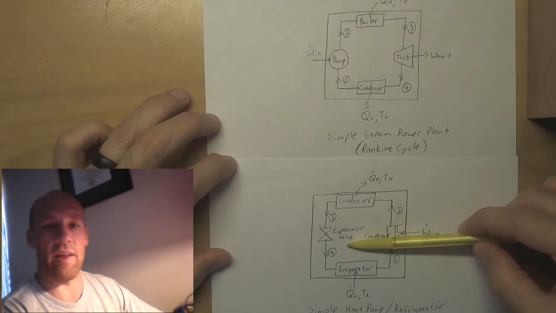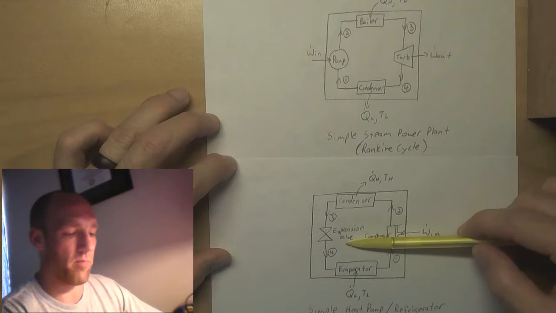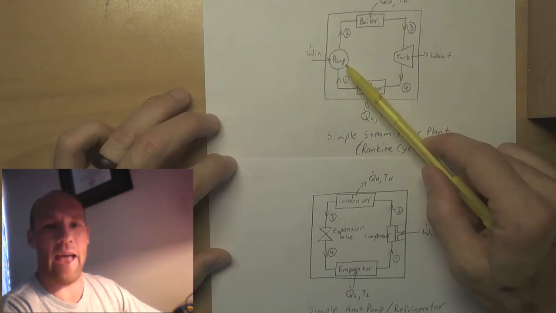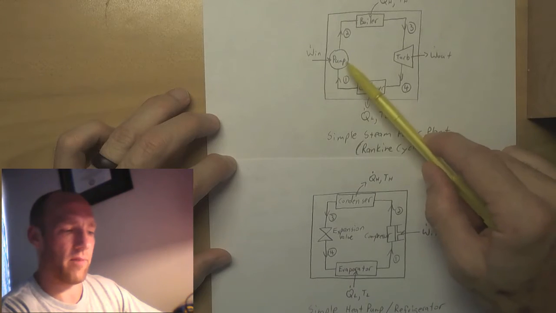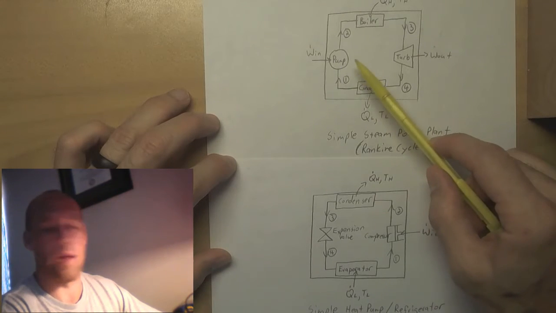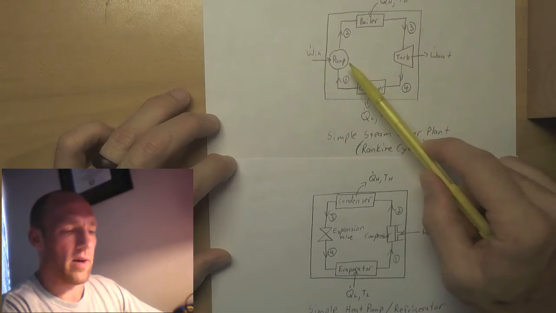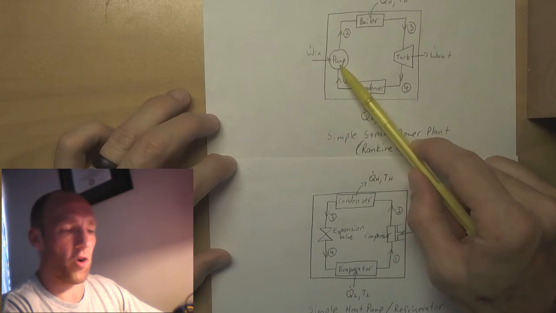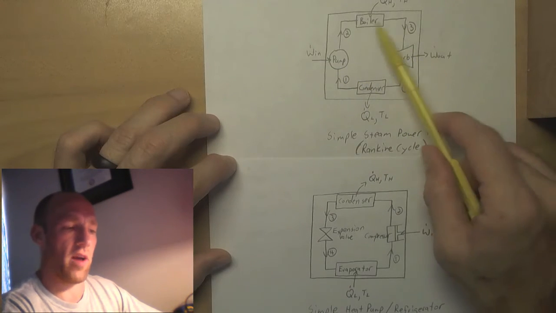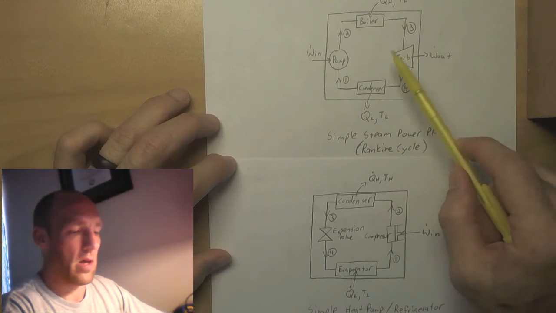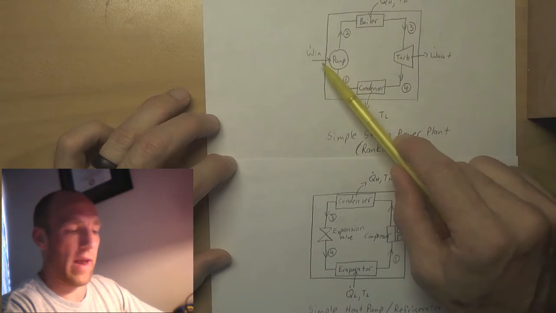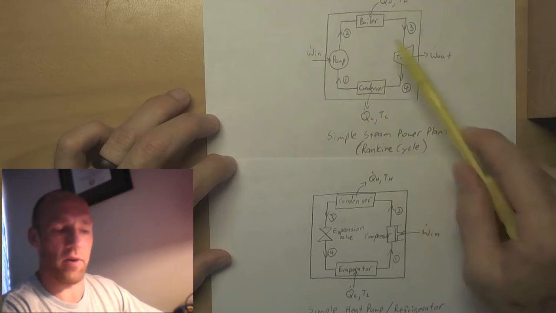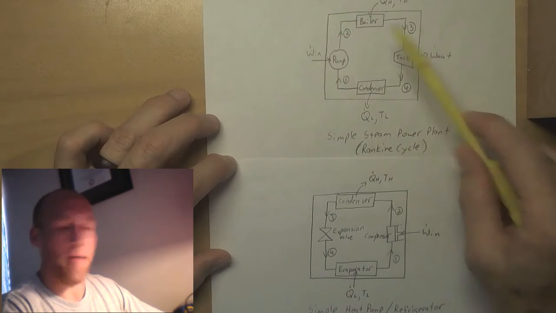instead of having a simple device like an expansion valve, which is inexpensive and simple, I'll have a more complicated mechanical device like the inverse of a pump. Maybe I'll simply put a turbine on this side and a compressor on this side and run it backwards, and I could actually recover some of the work and help drive the process that way.